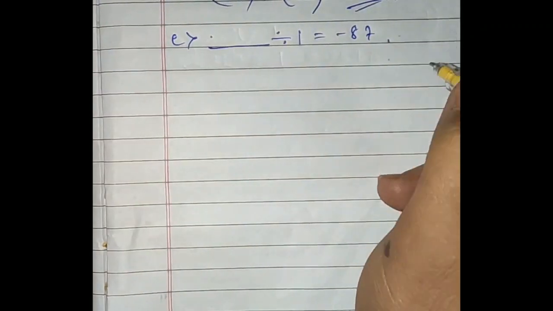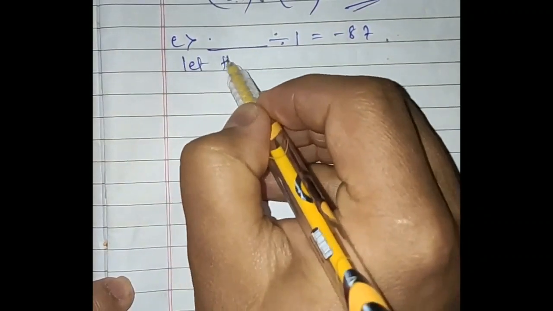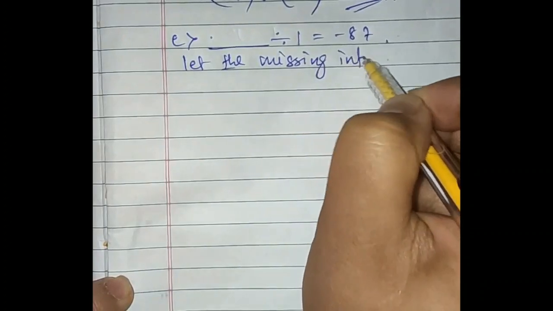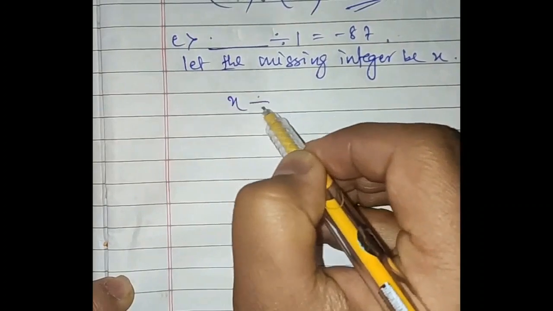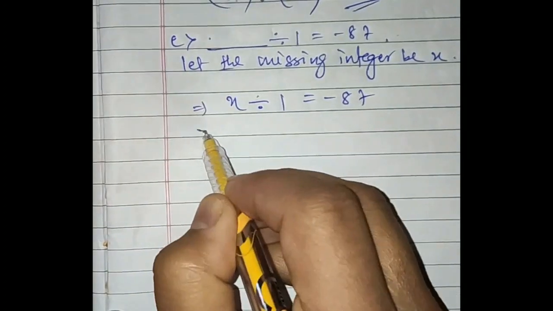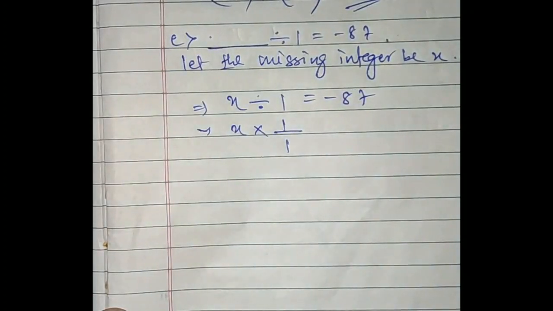Okay, this is our next question, number E. Similarly, we will solve. Let the missing integer be x. Alright, so x divided by 1 is equal to minus 87. So x into 1 by 1, isn't it?